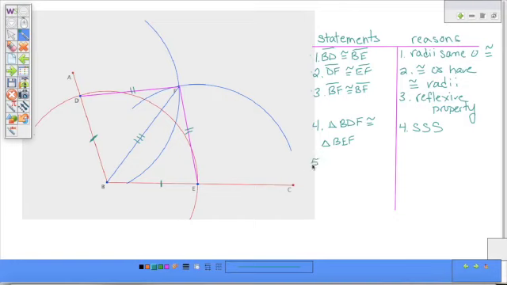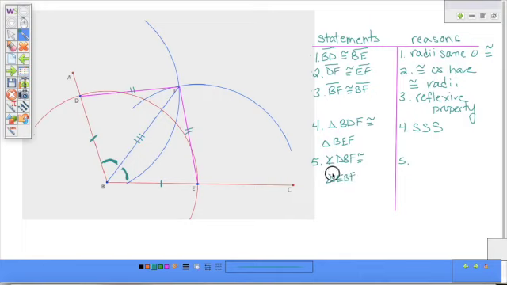If the triangles are identical, that means their matchy-matchy parts are also identical. Wow. So if their matchy-matchy parts are identical, I can say this angle down here is congruent to that angle over there. So that is angle DBF is congruent to angle EBF.